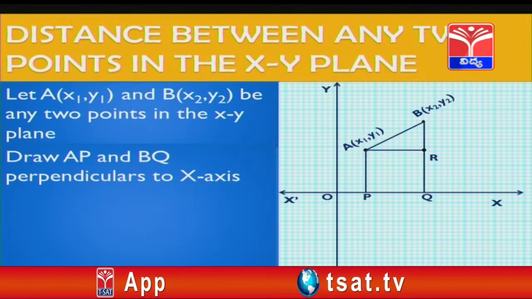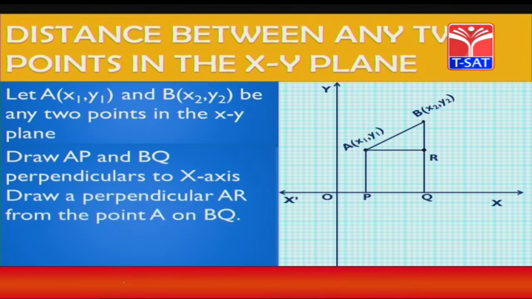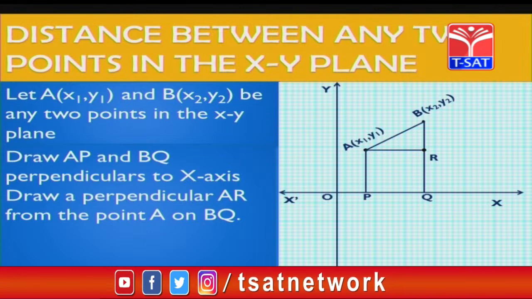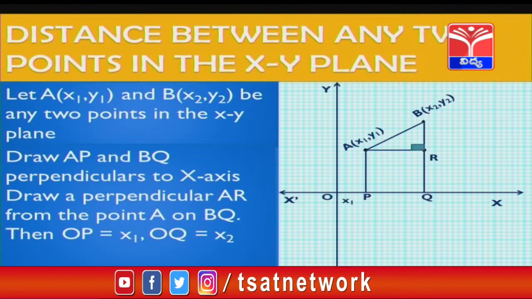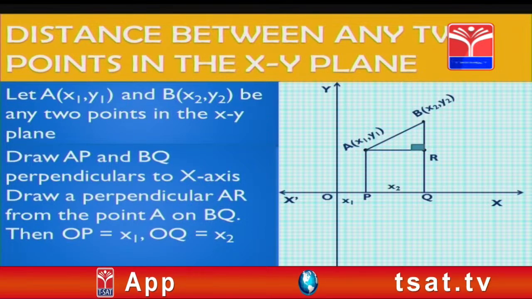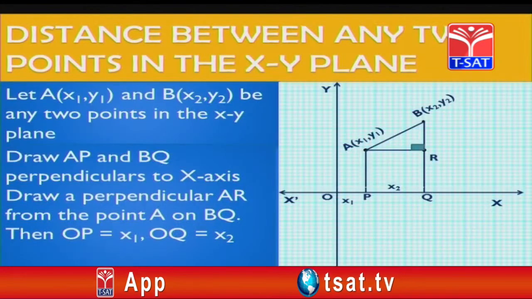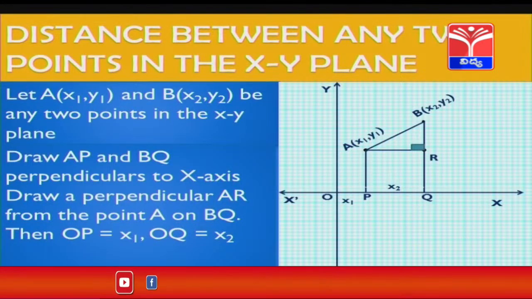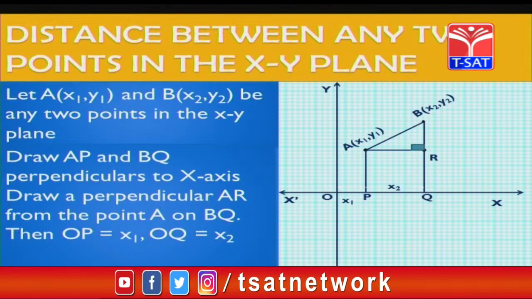Now, what are we doing, children? We are drawing a perpendicular from A on BQ. So, AR is perpendicular to BQ. Then OP is equal to x1, OQ is equal to x2.